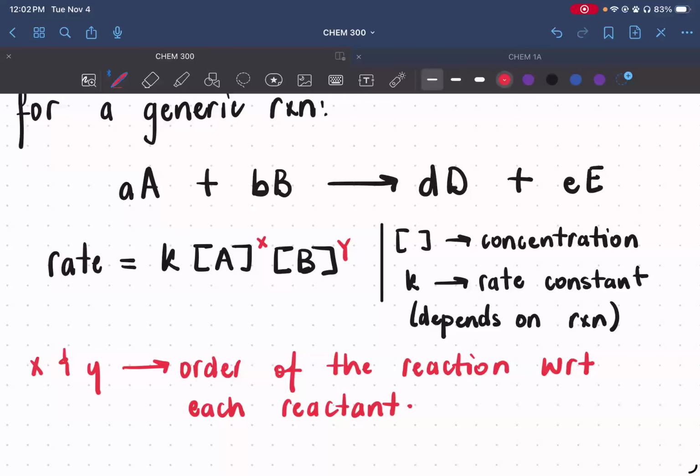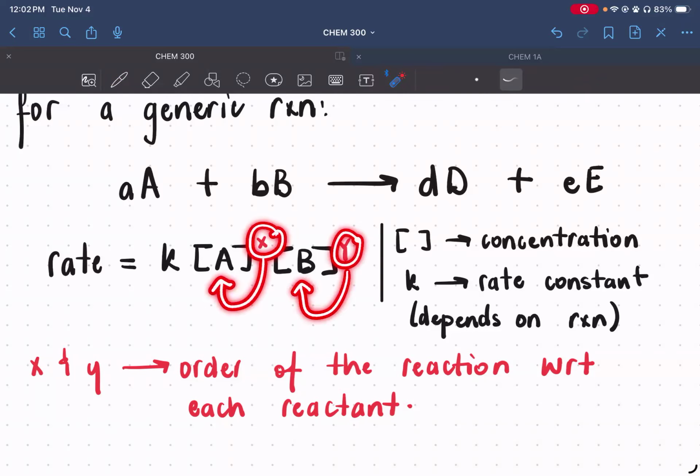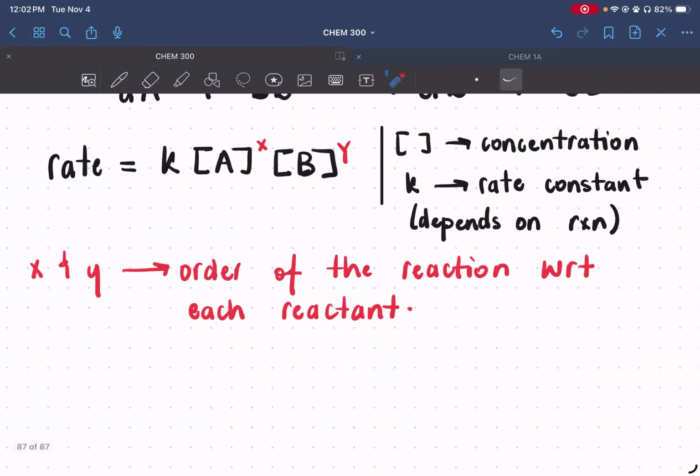Based on how it's written in the rate law, X is the order of the reaction with respect to A. Y is the order of the reaction with respect to B. These X and Y values are not equal to the stoichiometry values. If they happen to match, that's just a coincidence. But they are not explicitly the stoichiometric values.